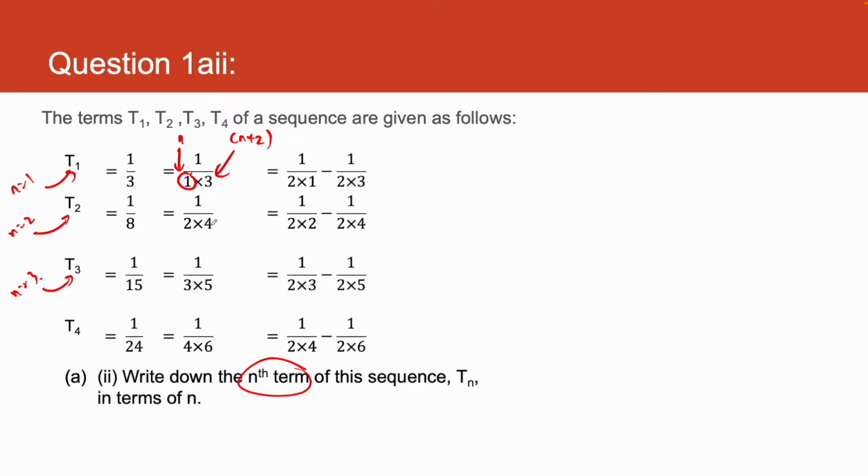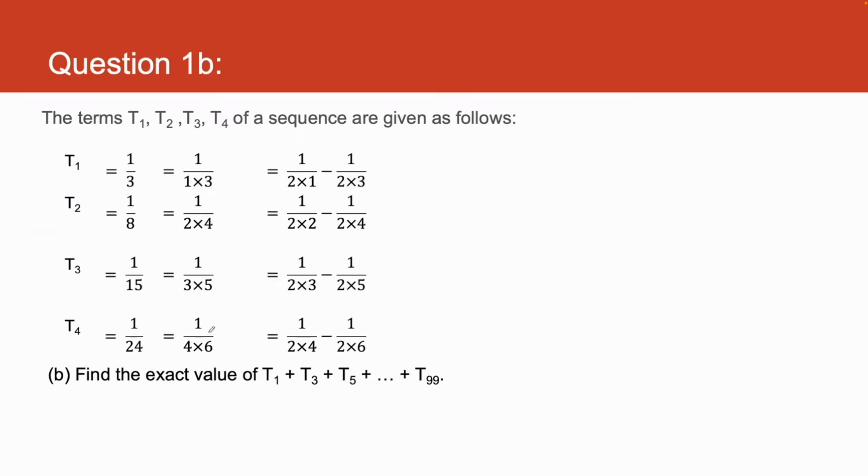We check the second one: when n equals 2, this is 2 plus 2, which is n plus 2. Then the third one, n is 3, so 2 apart, n plus 2, 3 plus 2 is 5, which is correct. And 4 plus 2 is 6. So we can say that the nth term will be 1 over n times n plus 2.